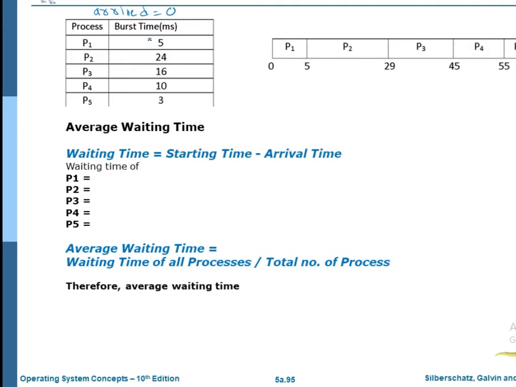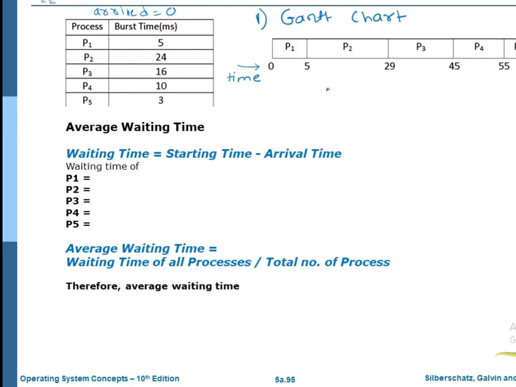This is our data. The first step is to draw the Gantt chart. In the Gantt chart, on the horizontal line we plot the time, and how much time is required by each process.